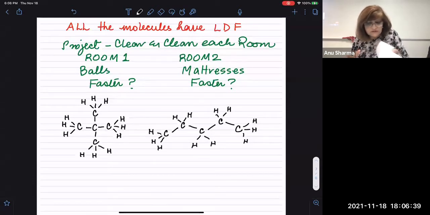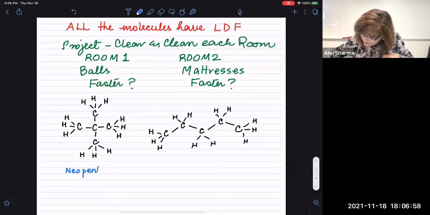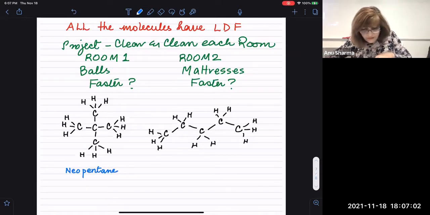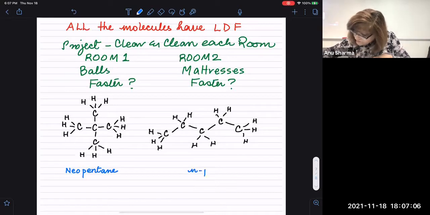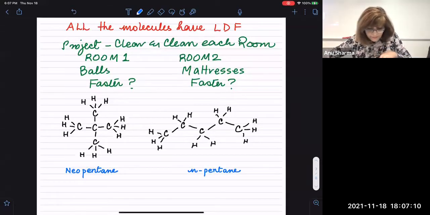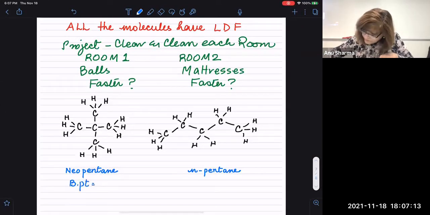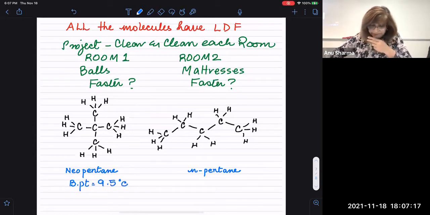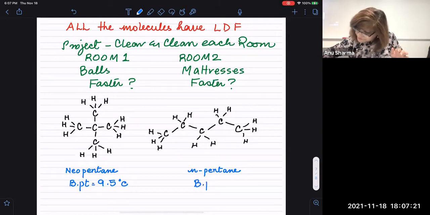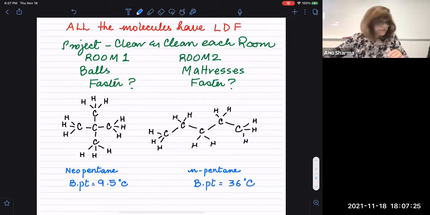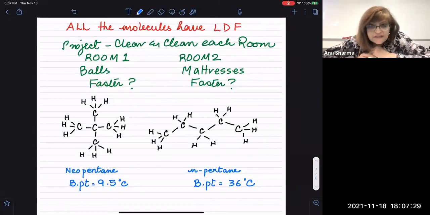What about the other people? Chelsea is saying balls are manageable and can be manipulated easier than the mattresses. Okay.